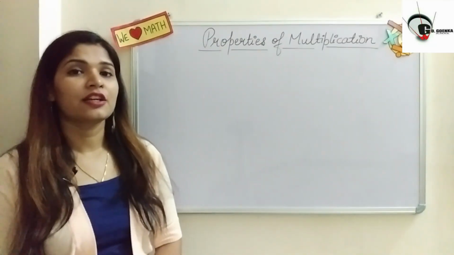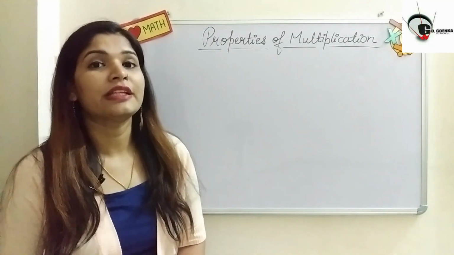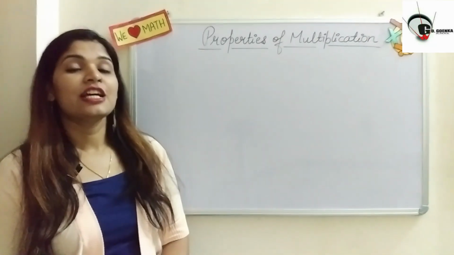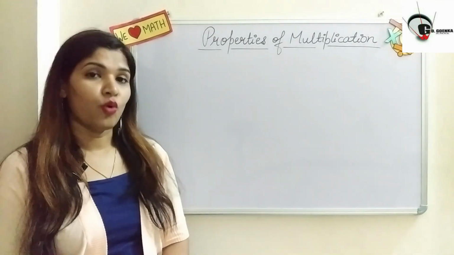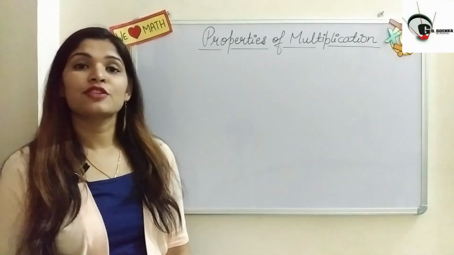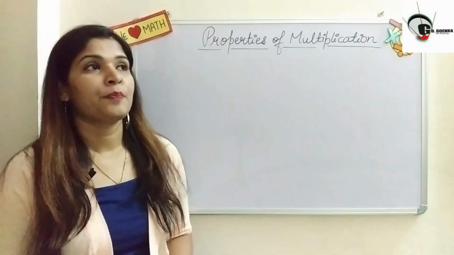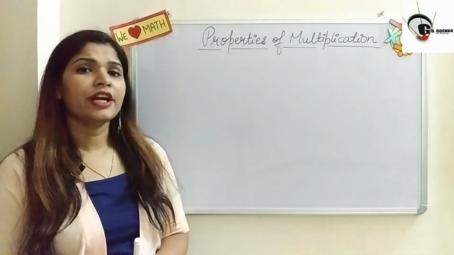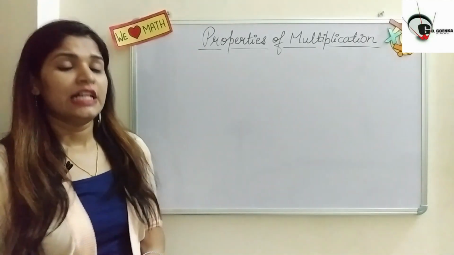Can you help me to find out the number of candies she wants to distribute in 1 week, if the school is working 6 days? So for this, children, what do we generally do?